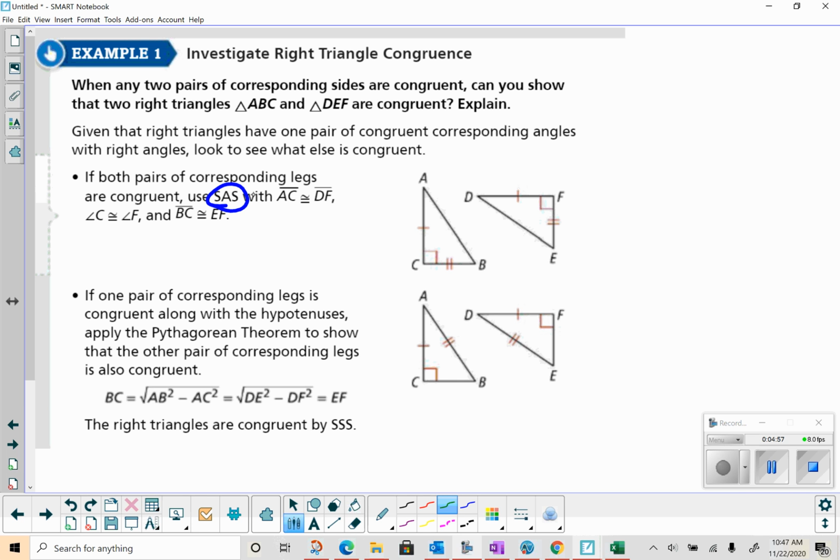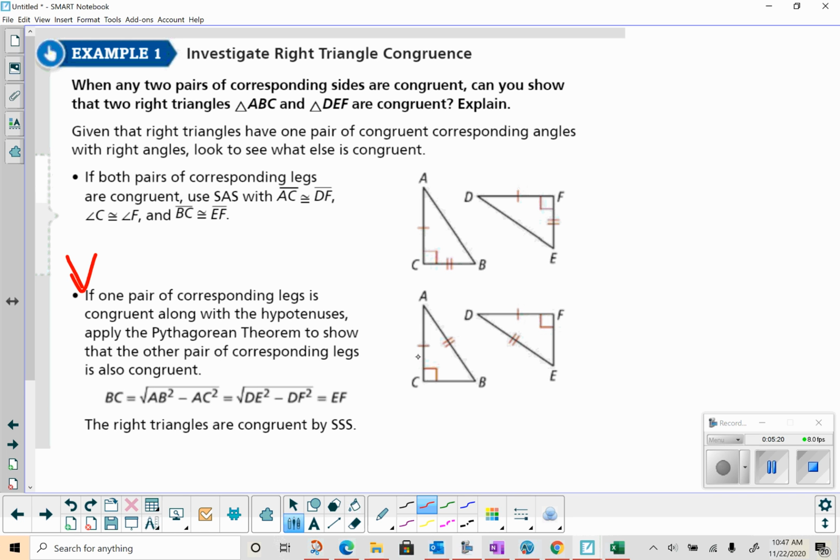Again, for side-angle-angle and angle-angle-side, any pair of those congruent angles can be right angles. This one is where something interesting happens.